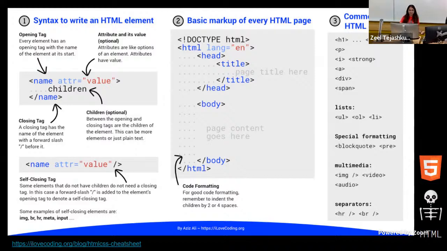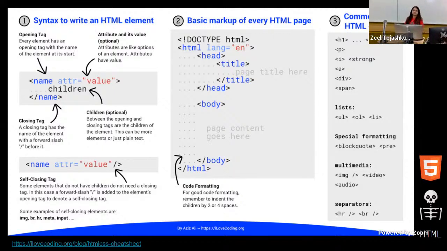The starting tag has this very basic format with an opening arrow, the name of the tag, and a closing arrow, as opposed to the closing one, which has one slash right before the name of the tag. So that's about opening and closing tags.